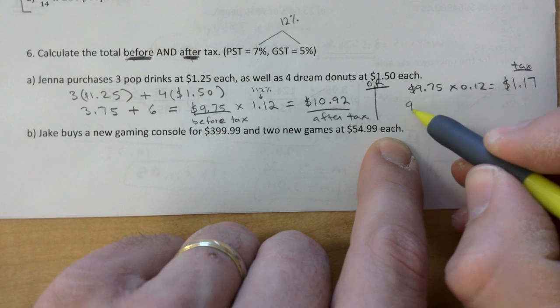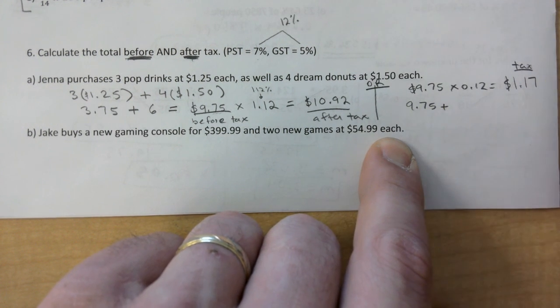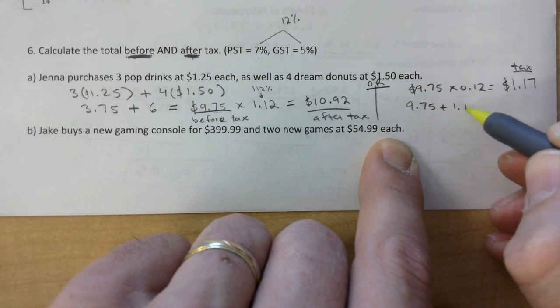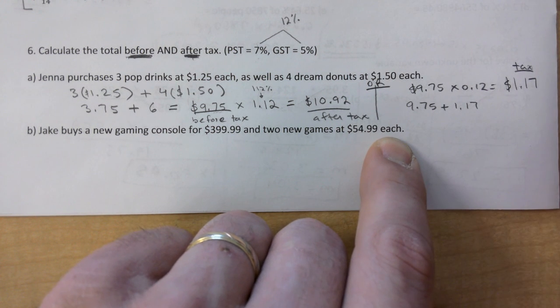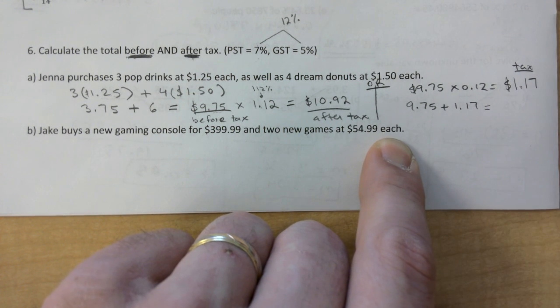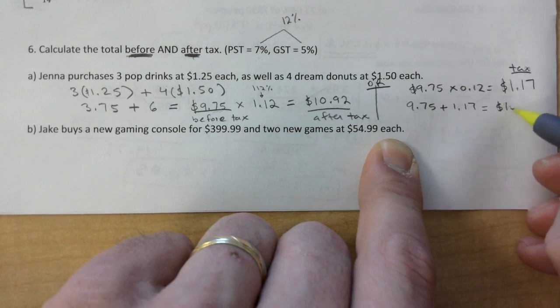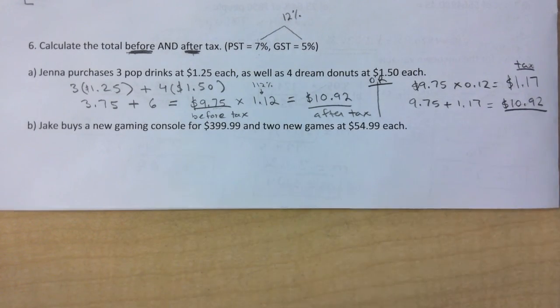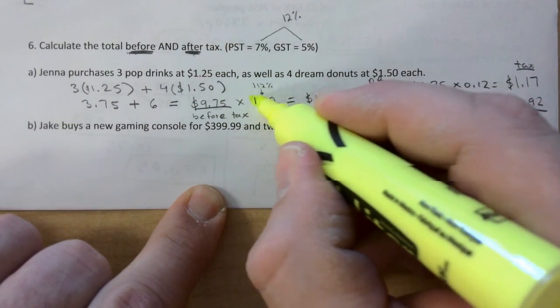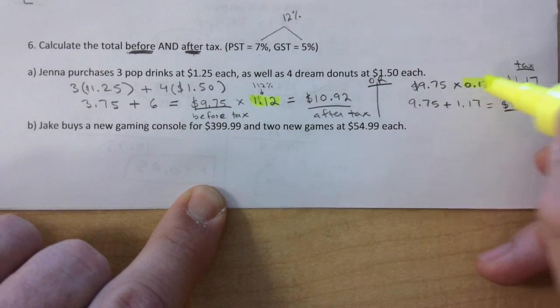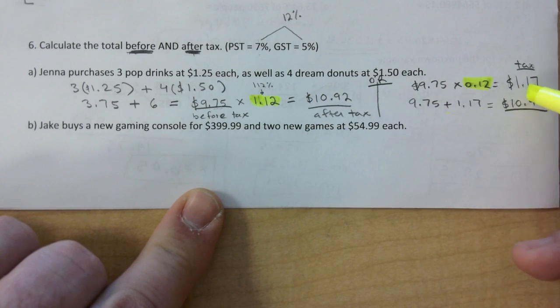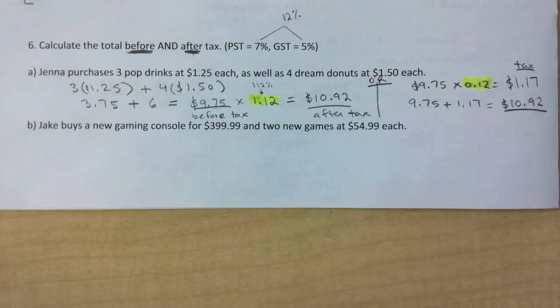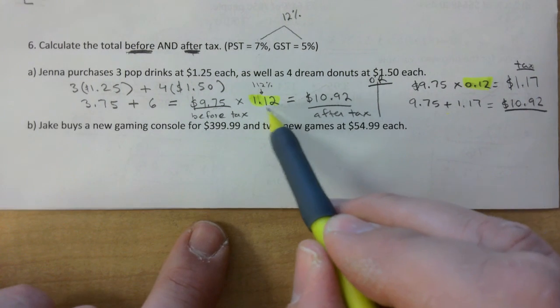And then you have to go 9.75 plus 1.17. And that should be the exact same thing as before. I'm going to highlight this, the 1.12, right? And this is 0.12, which means you have to add your answer to the subtotal to get that right. We're going to use this a lot in this course.